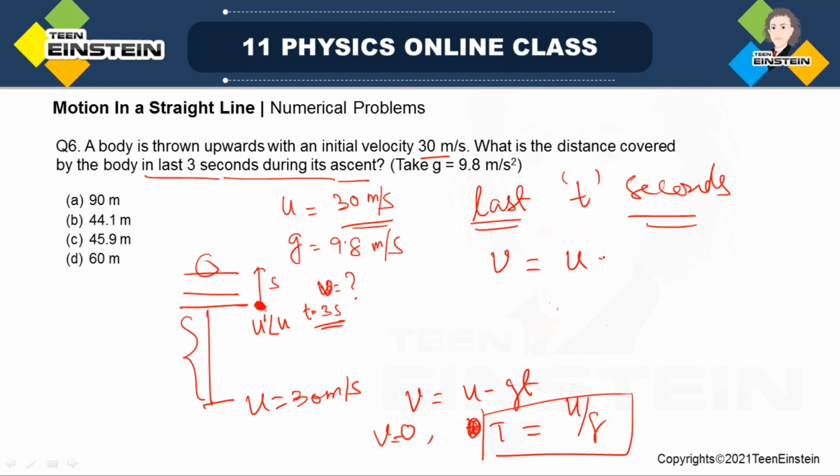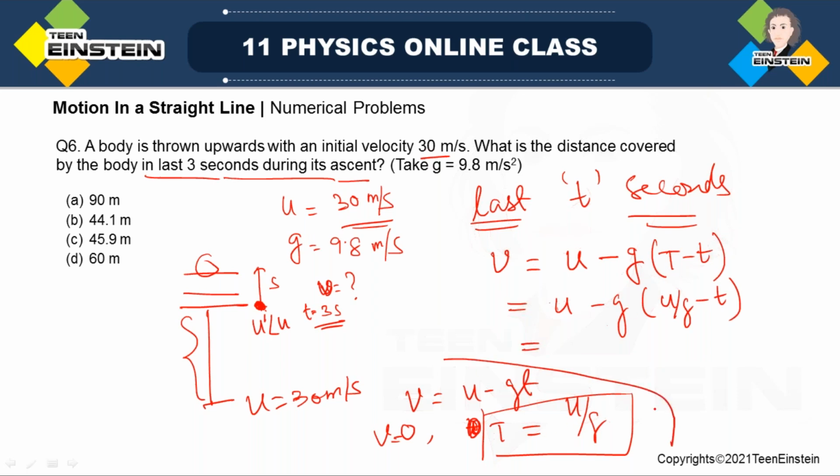That is T minus t, and you can put the value of T, which is u by g. This is the capital T I am talking about.